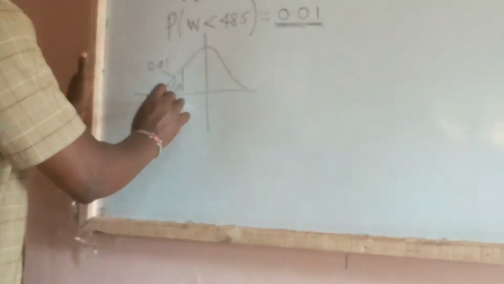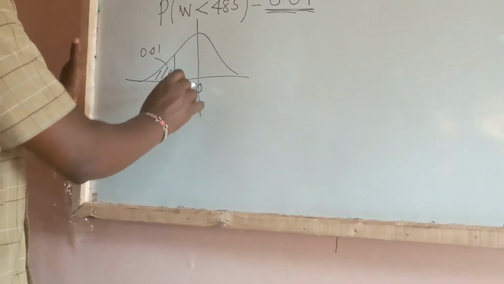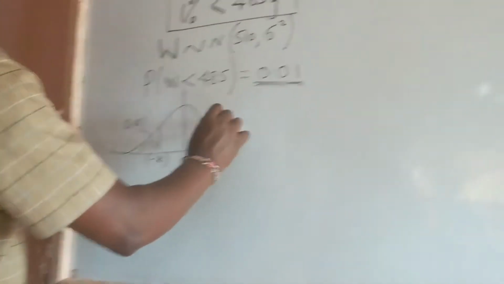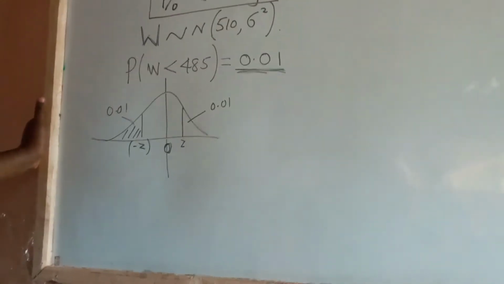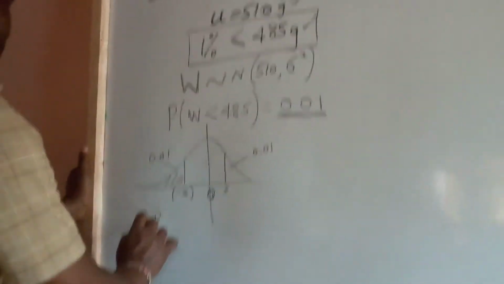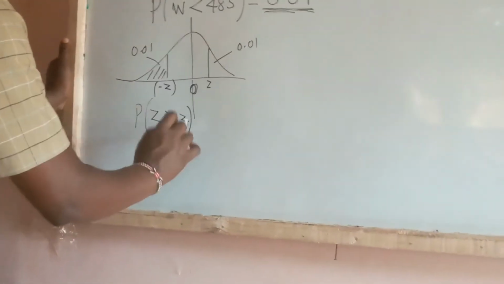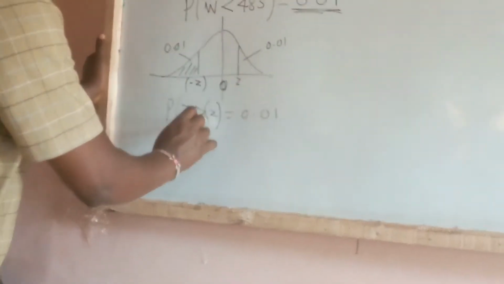And incidentally, it must be negative. You must note it is to the left of 0. But by symmetry, we have another z here, whose region is also equal to 0.01. And therefore, the probability of Z greater than small z is 0.01, and we have to find our z.